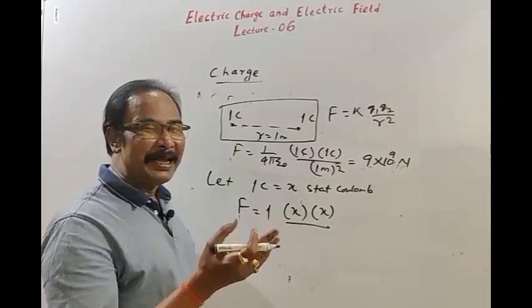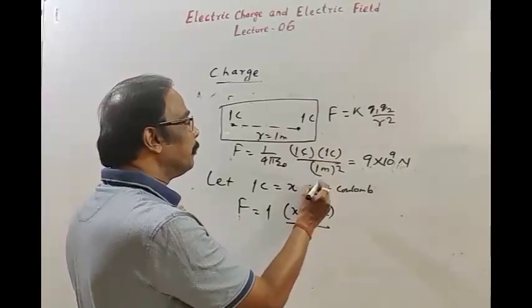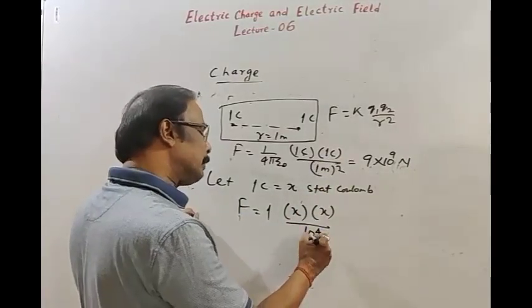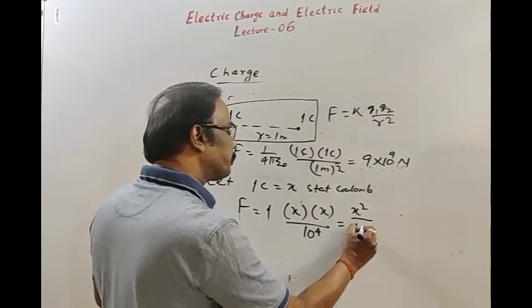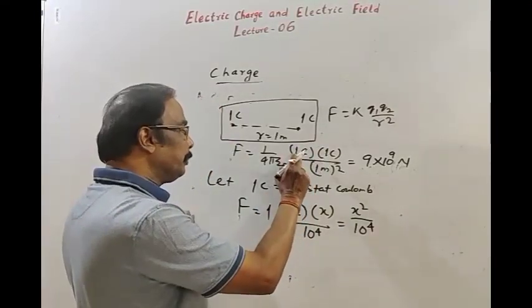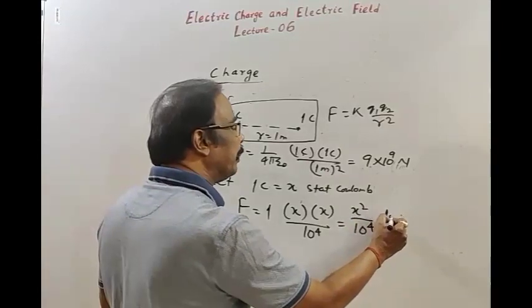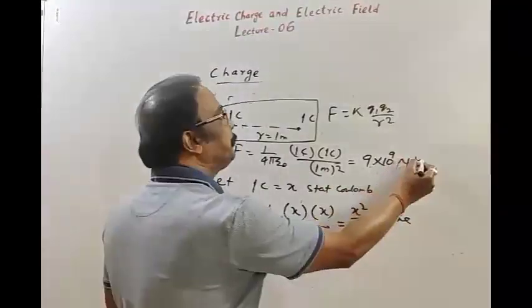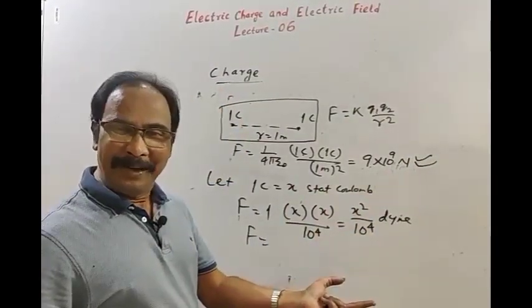In CGS, 1 meter is 10 to the power 2 centimeter, so 1 meter square means 10 to the power 4 centimeter square. Finally we get x square divided by 10 to the power 4. The units Coulomb and meter are converted to CGS, so finally force comes in dyne. To equate with the earlier value, dyne may be converted to Newton.